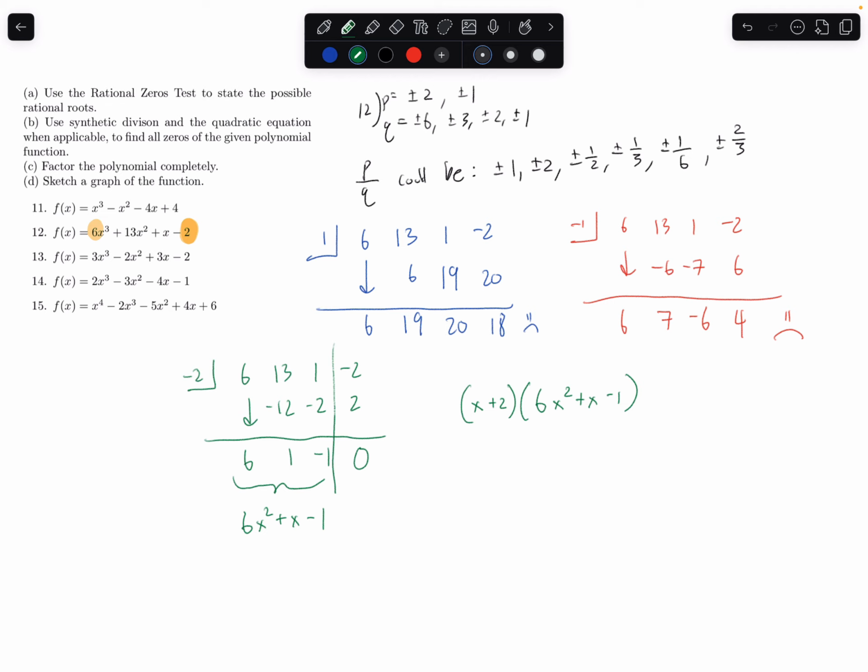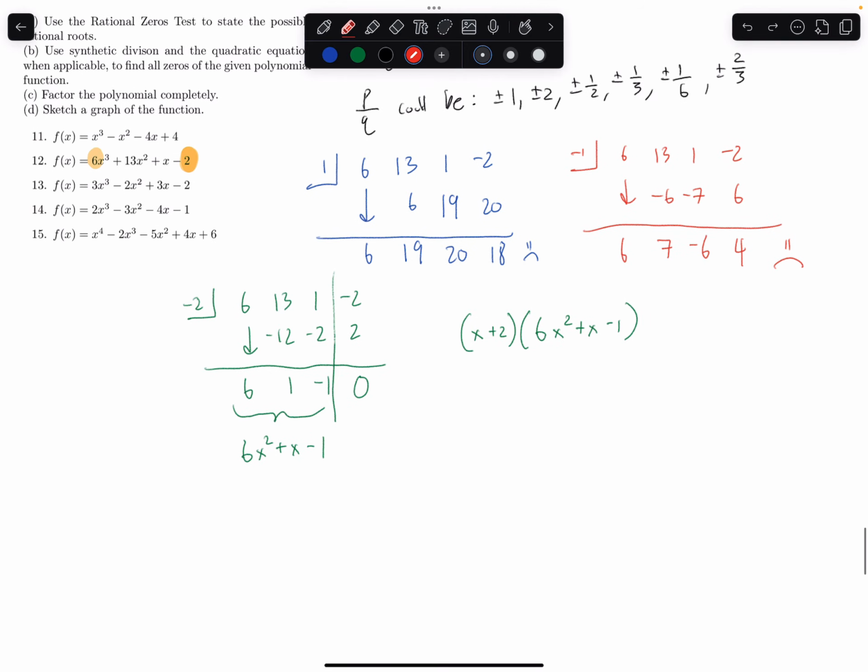Now at this point, I have a quadratic, so I can just plug that into the quadratic formula. x equals -1 plus or minus the square root of 1 squared, which is 1, minus 4 times a times c, all over 2a.